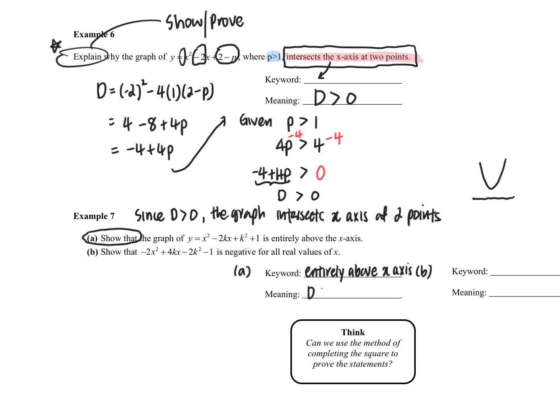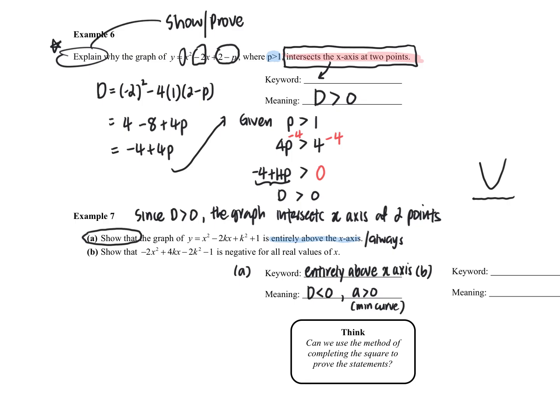So discriminant must be less than 0. This is the first criterion. Second, it must be a minimum curve. So when you see this keyword entirely above the x-axis, or when you see always positive, this is the thing that you're supposed to show.